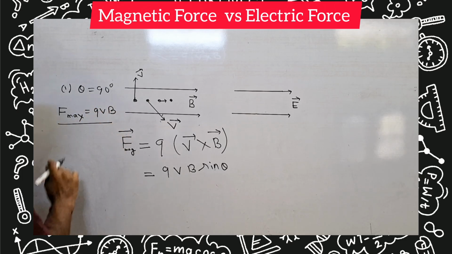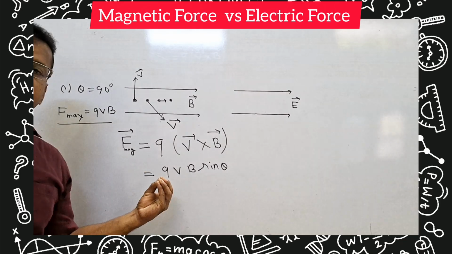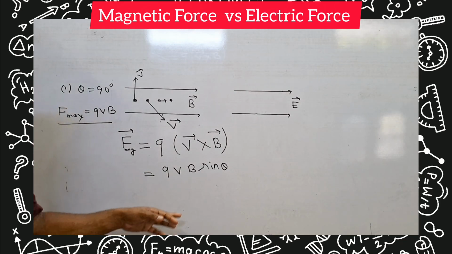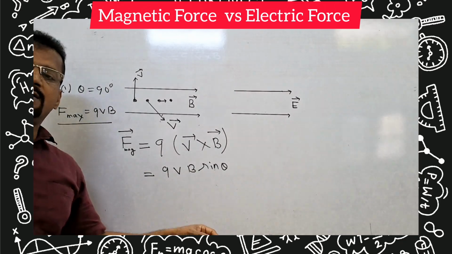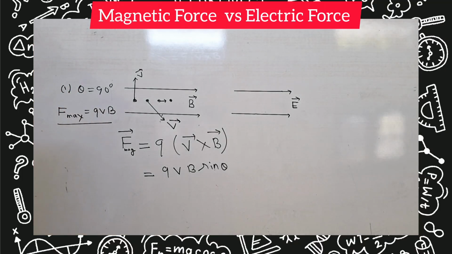I am writing only the magnitude. So in that case, the magnetic force is maximum, because sine 90 degrees is 1, which is the maximum value of sine theta.